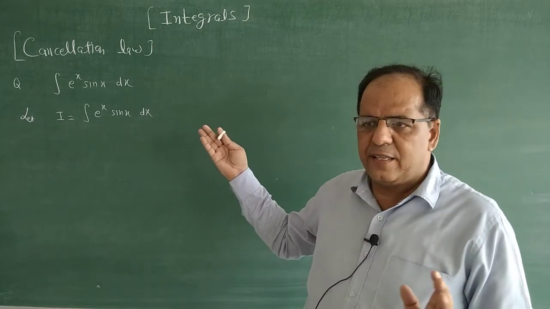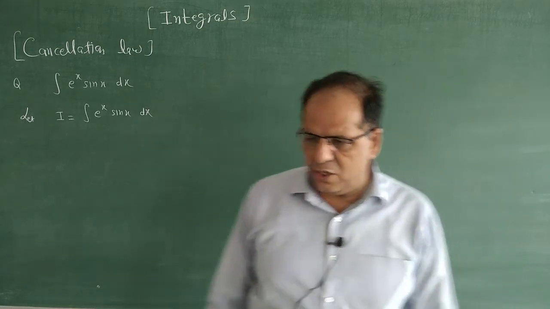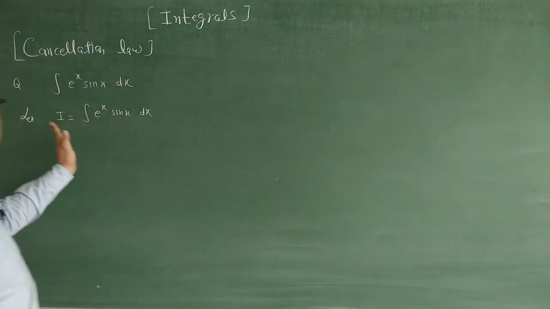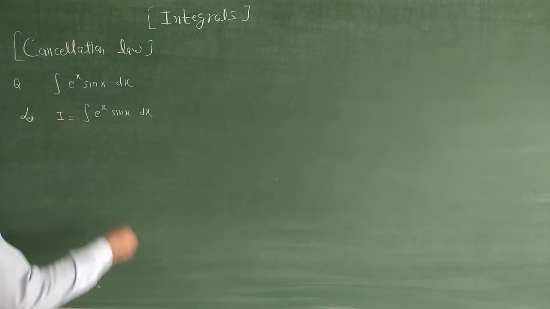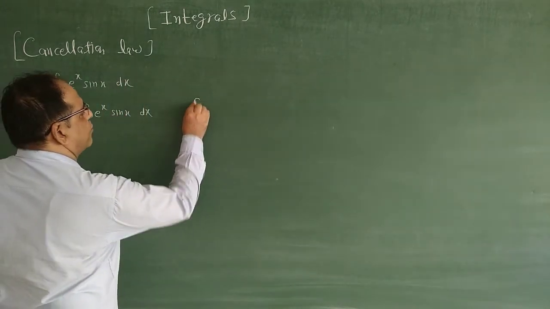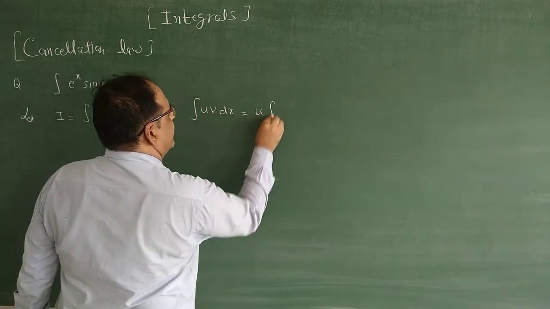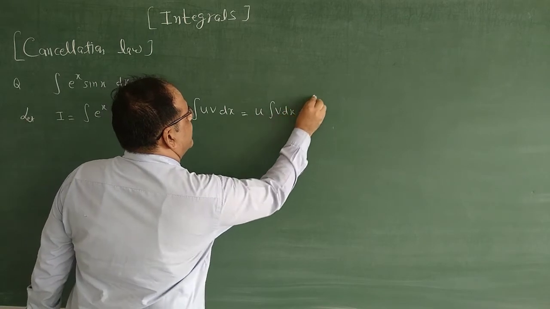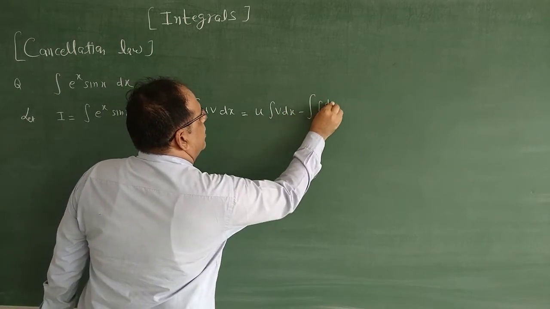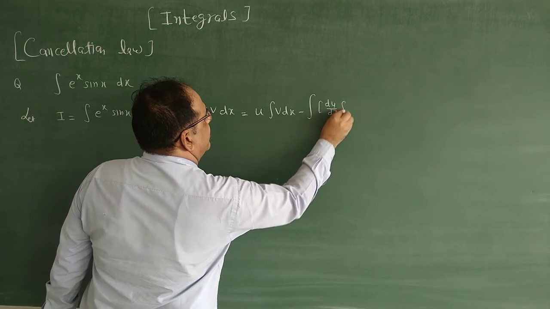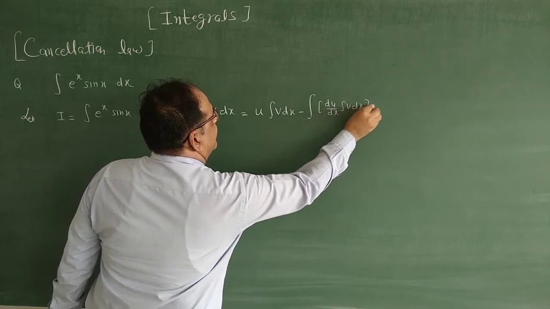Neither function vanishes after differentiation, so we use it as I. Now apply the formula for the integral of u into v dx by parts: u times the integral of v dx minus the integral of du over dx times the integral of v dx.